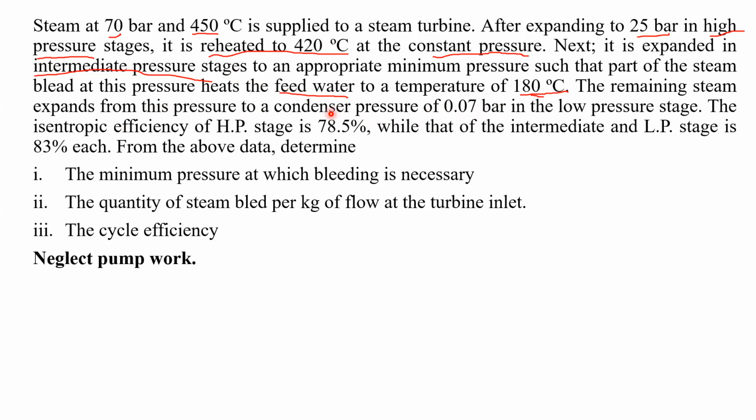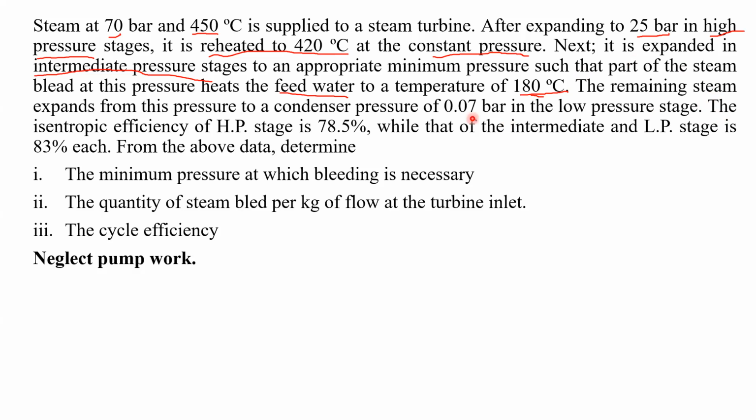That means we have three turbines in this cycle. First is the high pressure stage, second is the intermediate turbine, and then the remaining steam is expanded from this pressure, so there is a low pressure stage also. After all the expansions by the three turbines, the pressure becomes 0.07 bar in the low pressure stage.